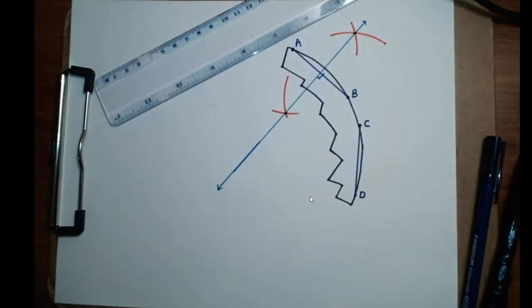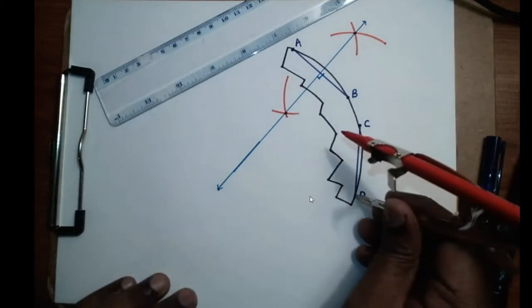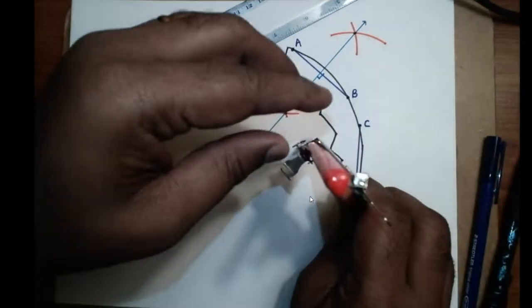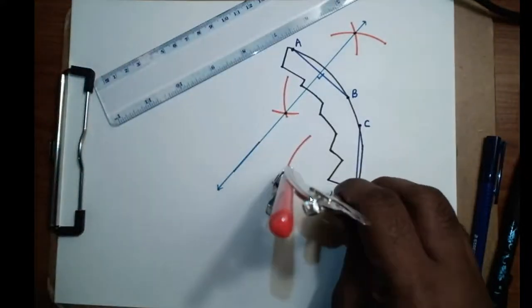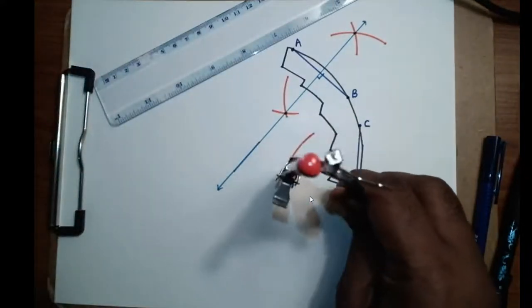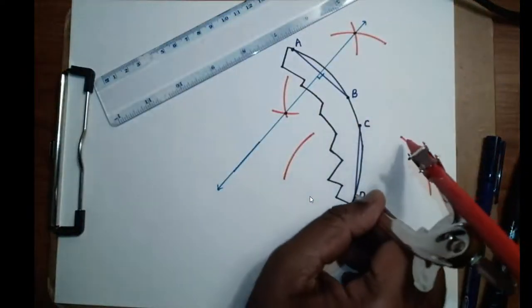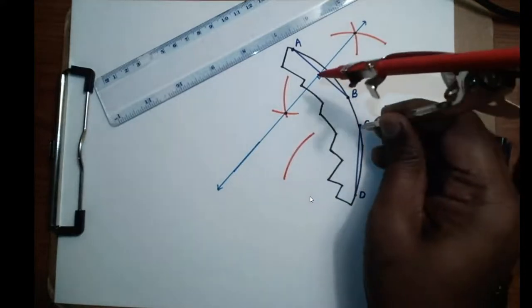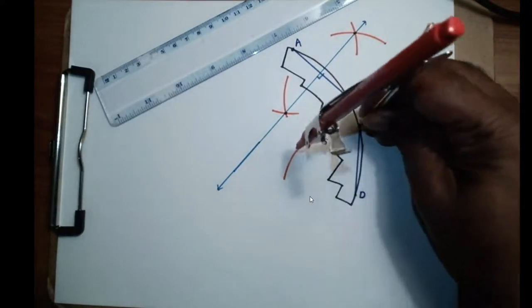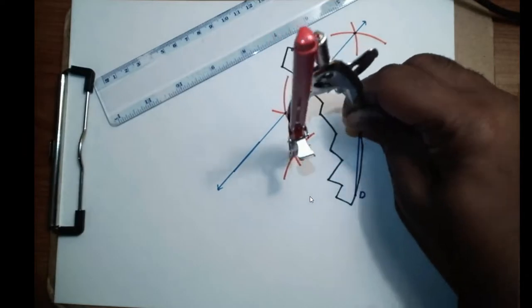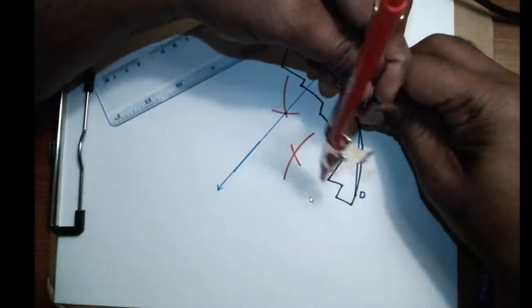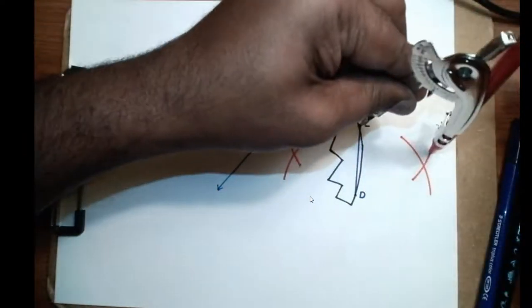Now similarly, draw another perpendicular bisector. Make sure that you take a compass radius slightly greater than half of that chord. You got one more arc here. So these are the two arcs you have. Then from the other endpoint, this is one and second one.